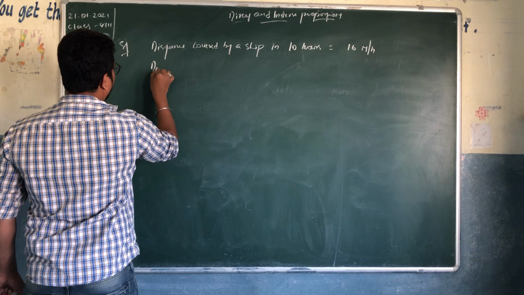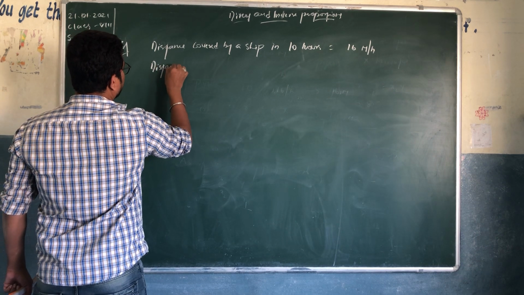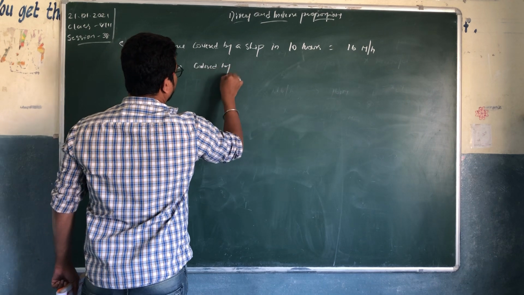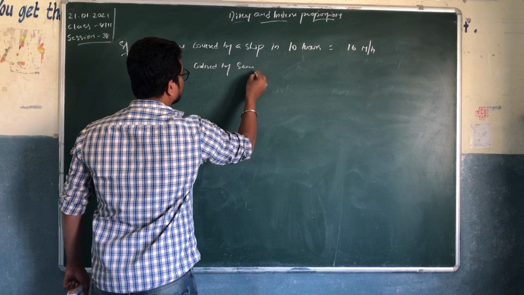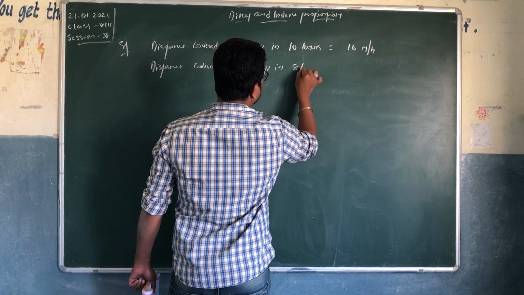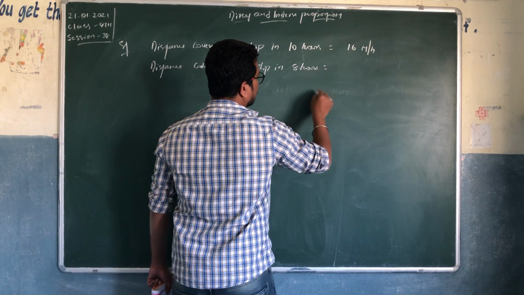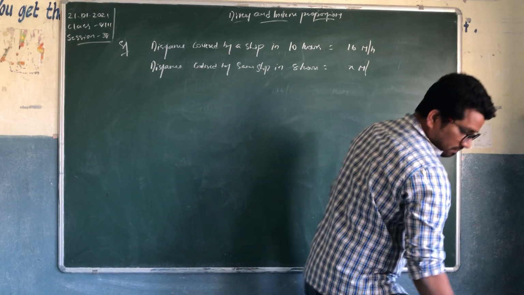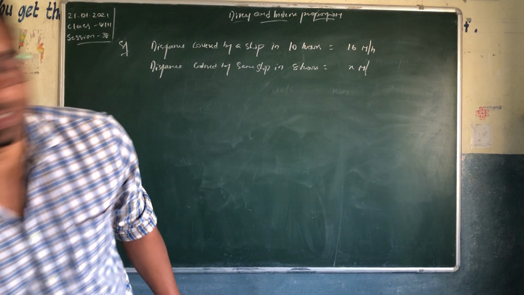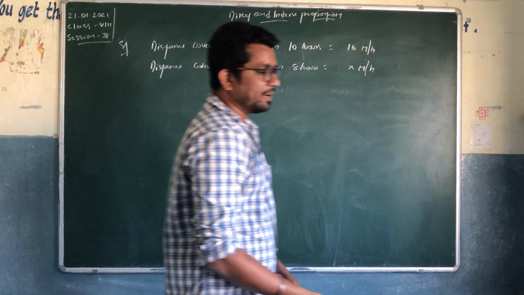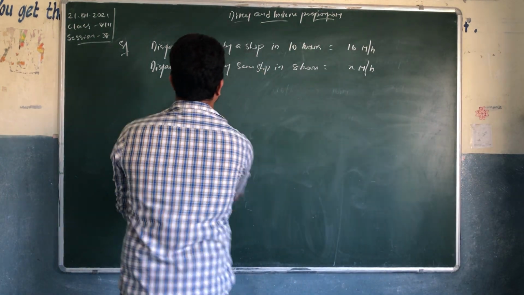Next, distance covered by the same ship in 8 hours is equal to x miles per hour, right?